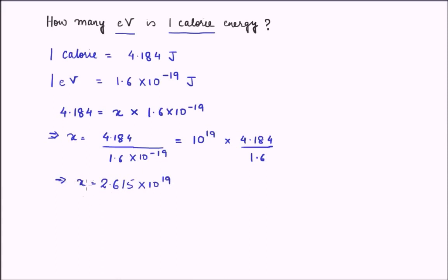Now what was x that we had assumed? X was the number of electron volts. So we get the answer as 2.615 into 10 to the power 19 electron volt is equivalent to 1 calorie energy. This was a simple unit conversion, finding the equivalence doing unit conversion.